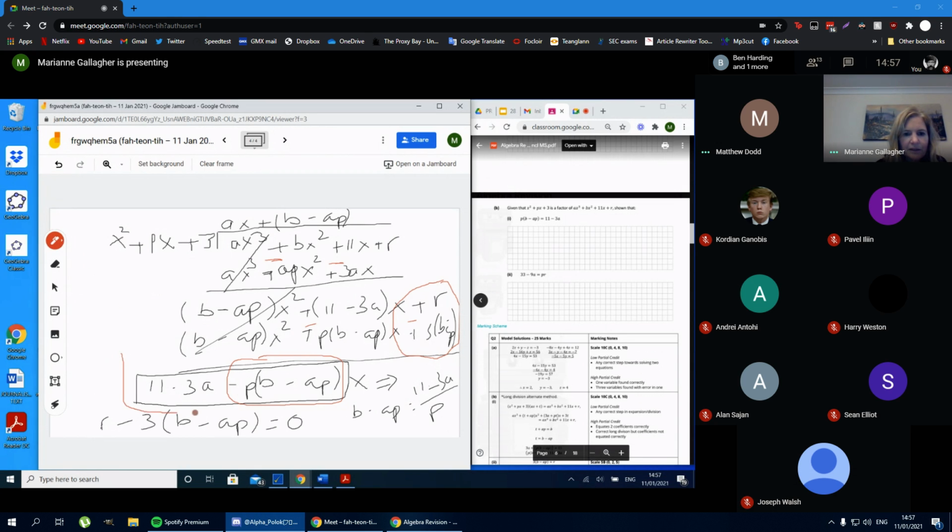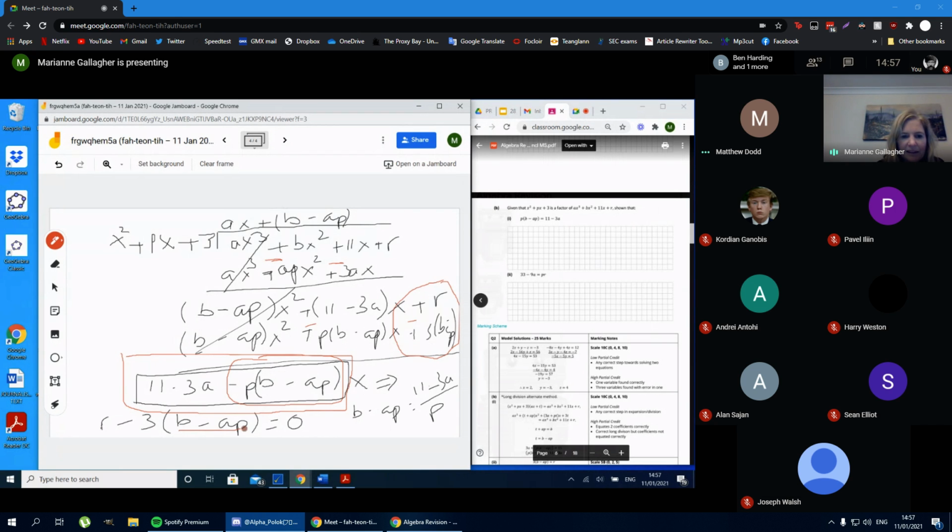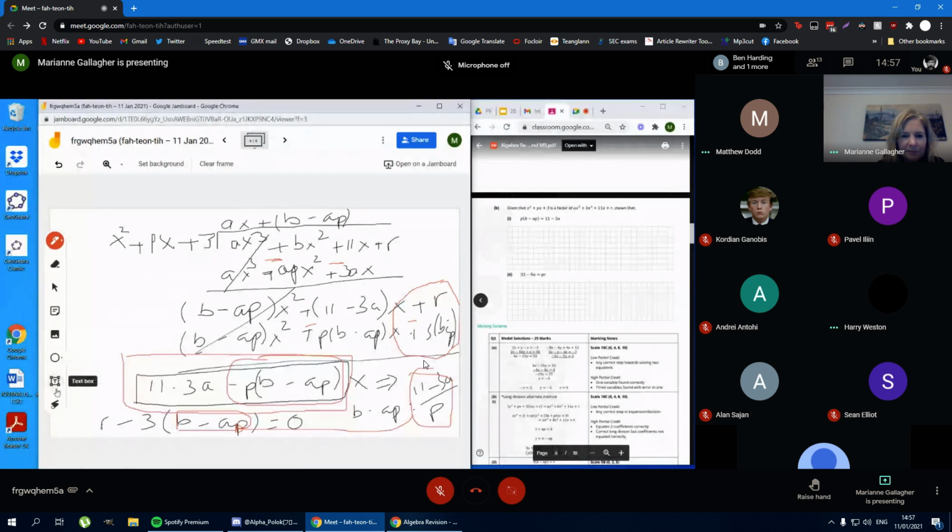Sorry, I'm kind of running out of space here. This bit here, we know that's equal to 0, and that gave us this here. So looking at that, see the B minus AP, I want to get rid of this. So I can use this equation, and then I can put this in to here. You following me? Yeah.